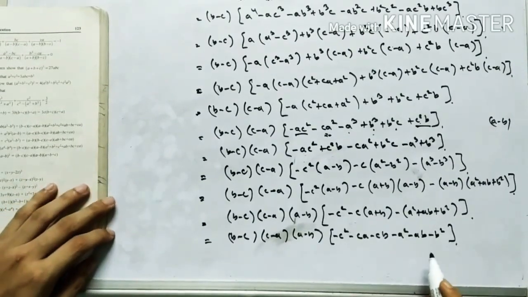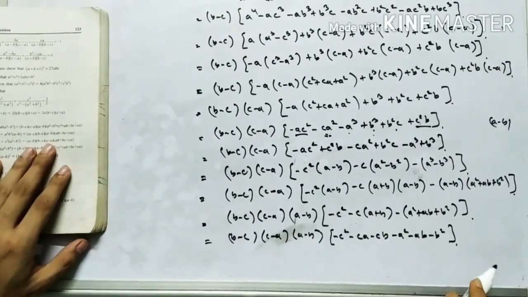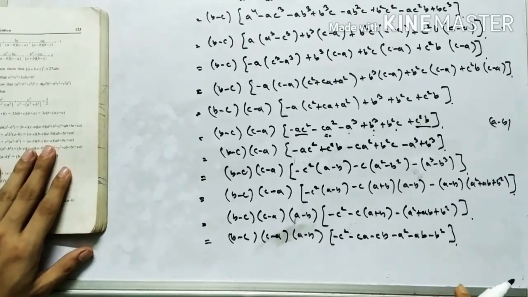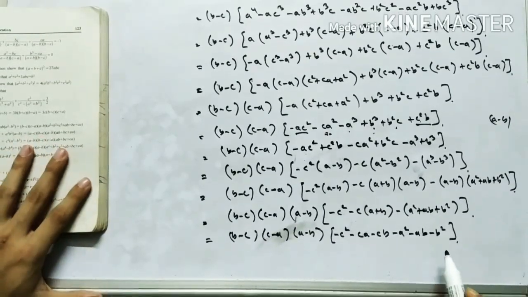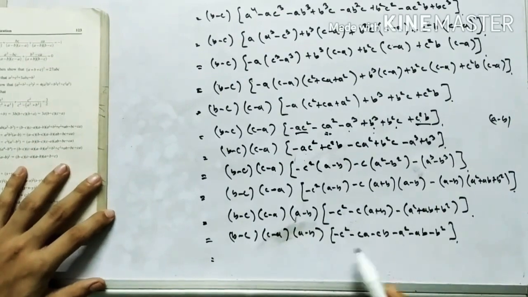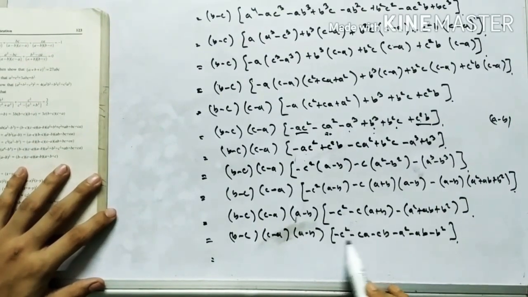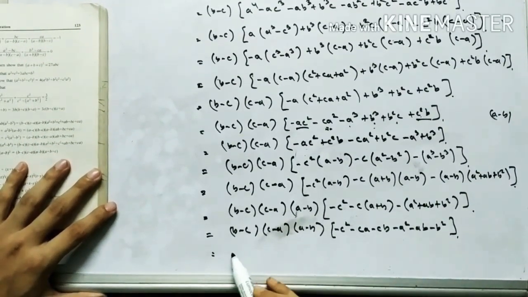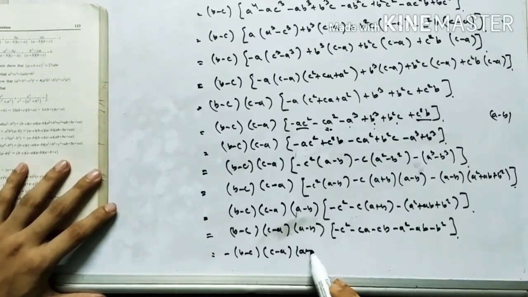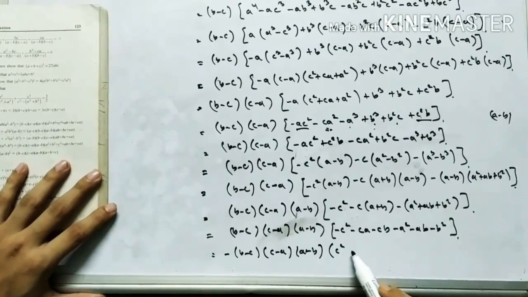Okay, so in here I think there is a mistake in the question. So in here you see, from here minus I will take common. So this will be (b minus c)(c minus a)(a minus b) times minus c square.